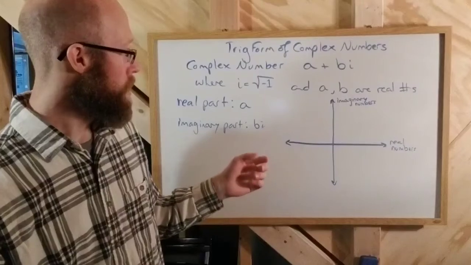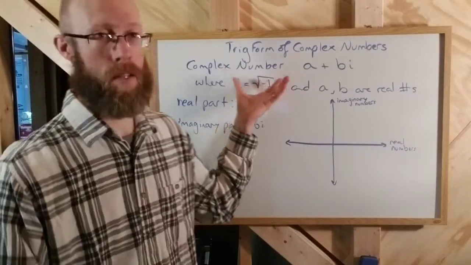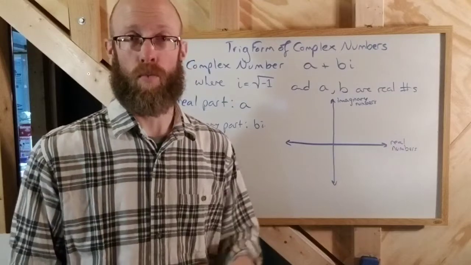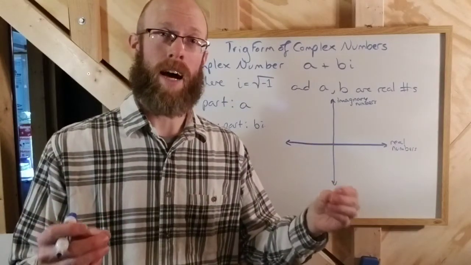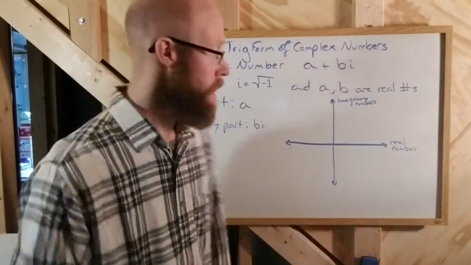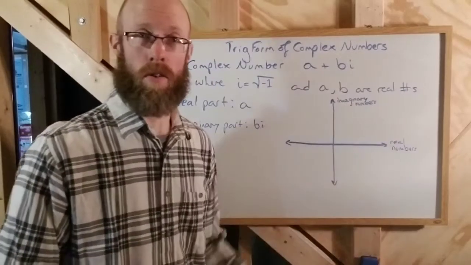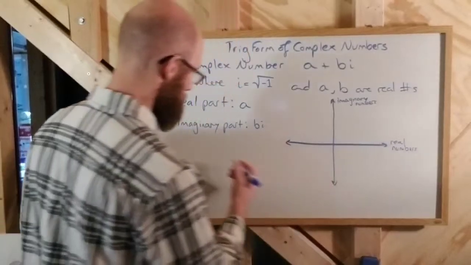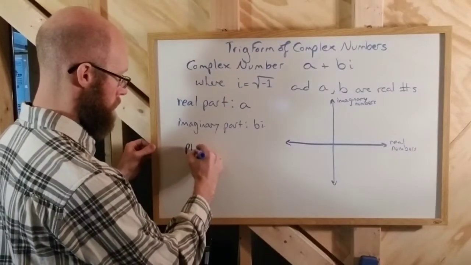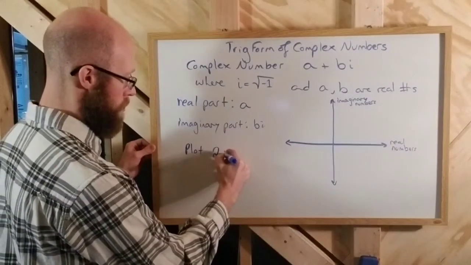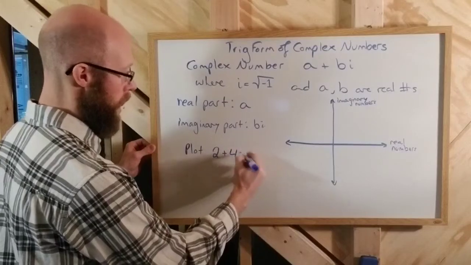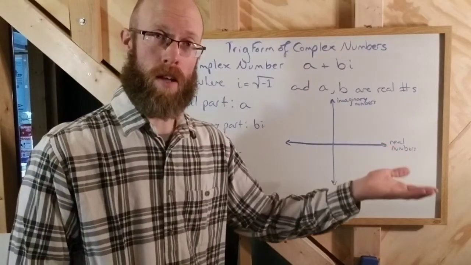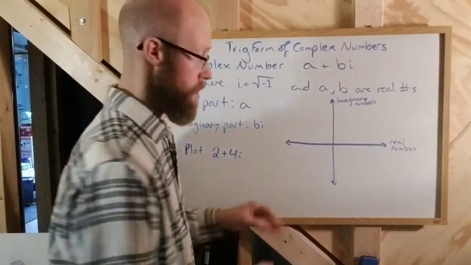When we plot a complex number now, it's on a plane instead of a line. The complex number plane is just a flat two-dimensional surface. If I wanted to plot the number 2 plus 4i, that would be 2 in the real direction and 4 in the imaginary direction.